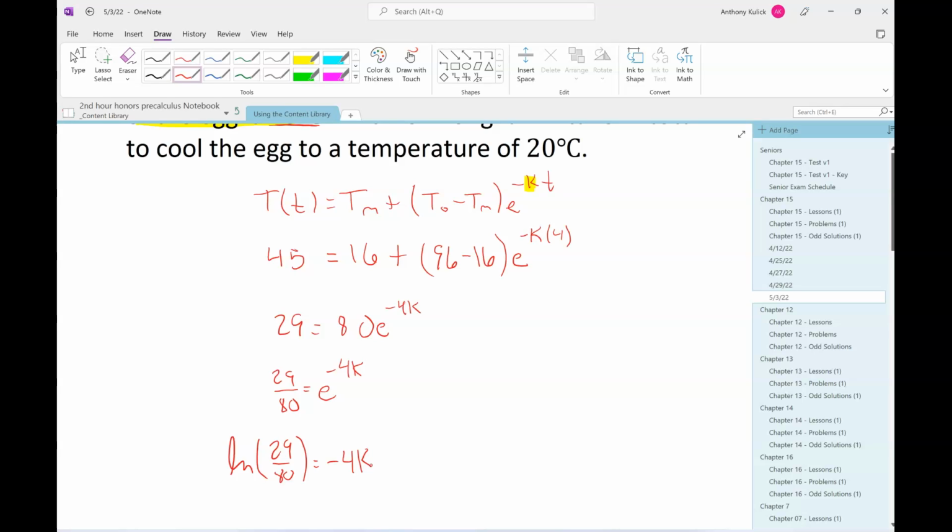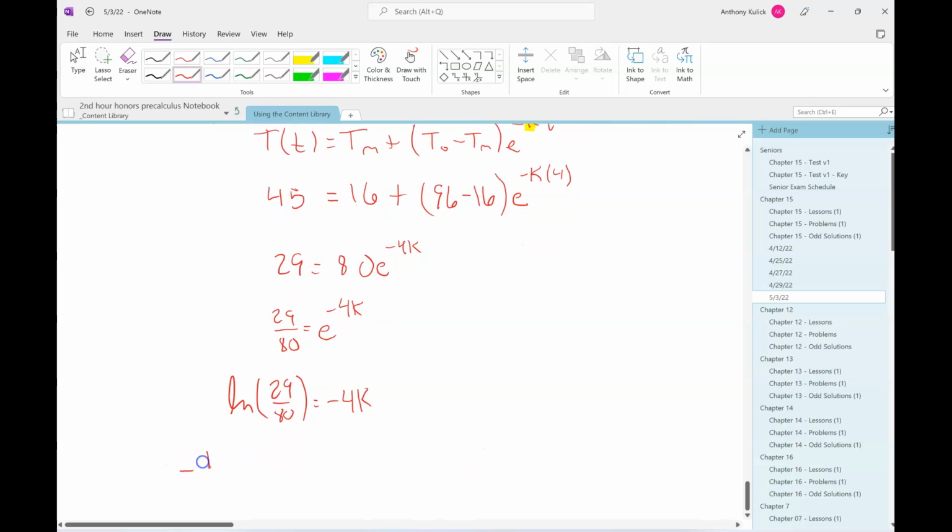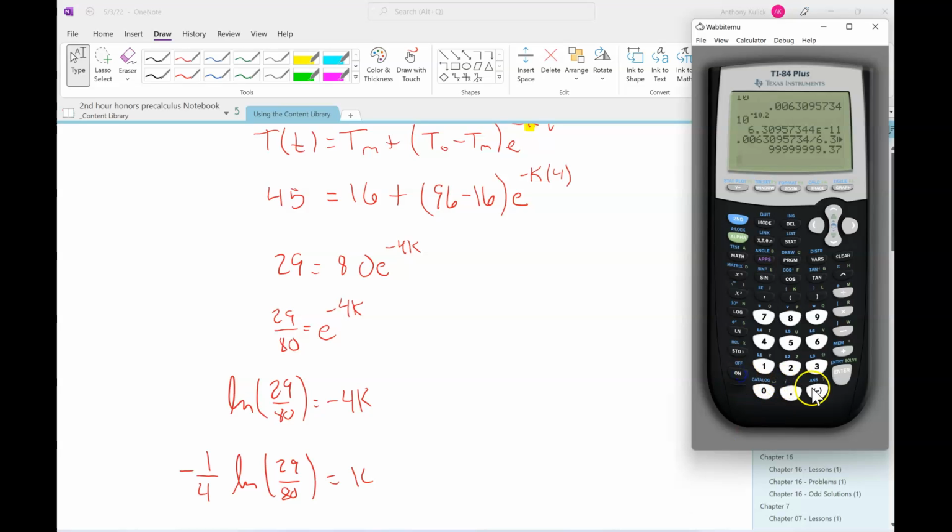Okay. And next, what I would do is divide by -4. I'm going to write it like this, though, so that when I go back and look at it later, I'm not confused whether that dividing 4 is happening inside the logarithm or outside the logarithm. So I'm just going to write it as times the reciprocal. And then it's calculator time. Everybody okay with that?